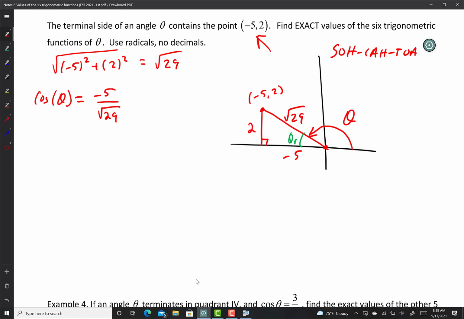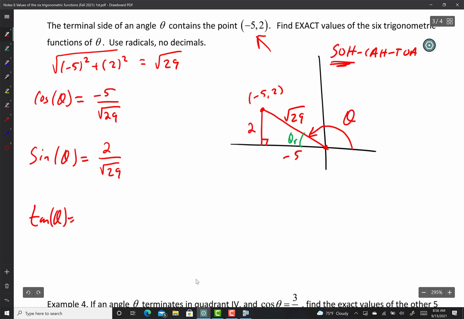Chavez, why are we using the green one and not the red one? Well, if I told you to look at the red one, how are you going to see what's adjacent? So we're using the green one to help us out. Cool? All right. Sine of that angle. Look at the green one to help you out. Sine is opposite over hypotenuse. So what's opposite? 2 over square root of 29. Let's go to the next one, tan.